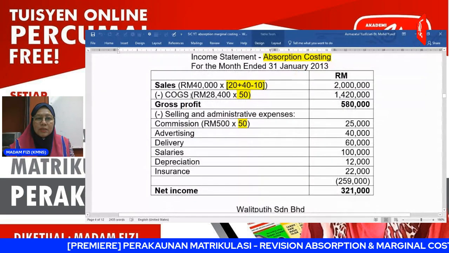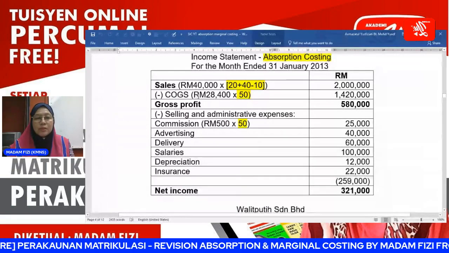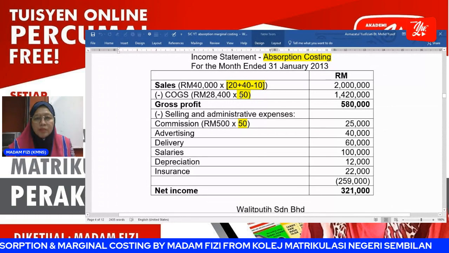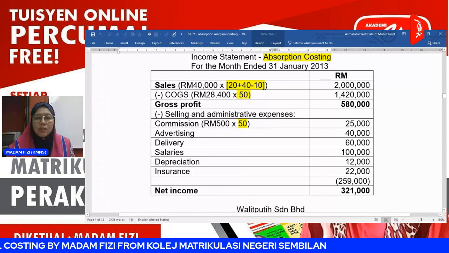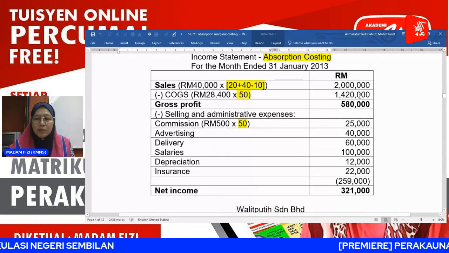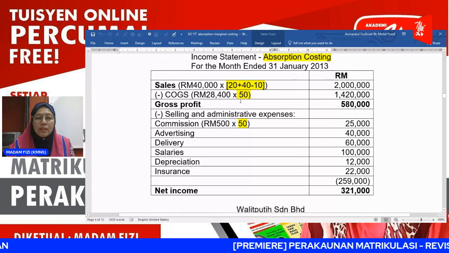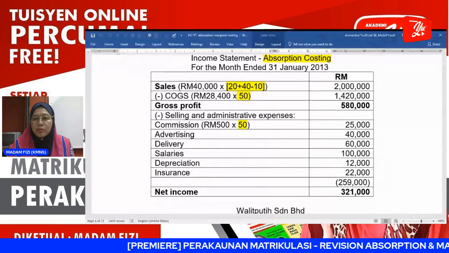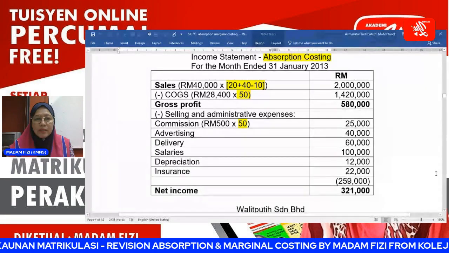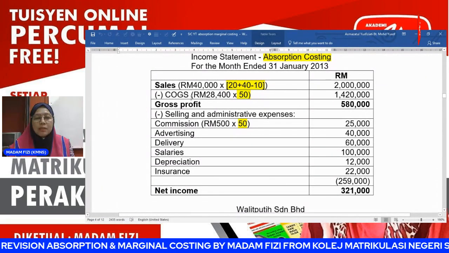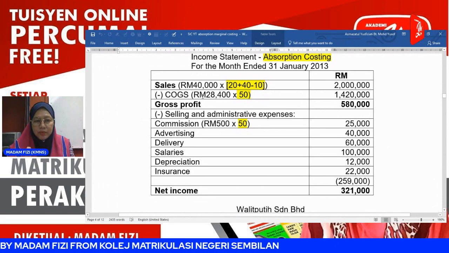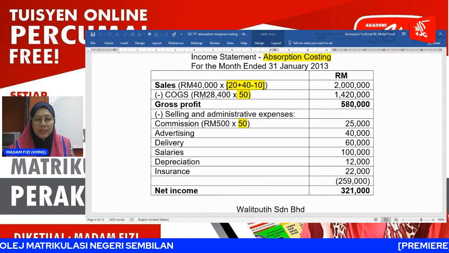Now you minus the cost of goods sold. The sales unit is 50, multiplied by the cost per unit of absorption costing, equals 1,420,000. Actually there are two ways to calculate cost of goods sold: beginning inventory plus cost of goods manufactured minus ending inventory.